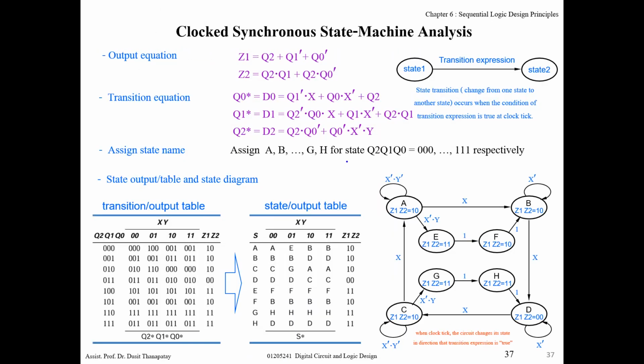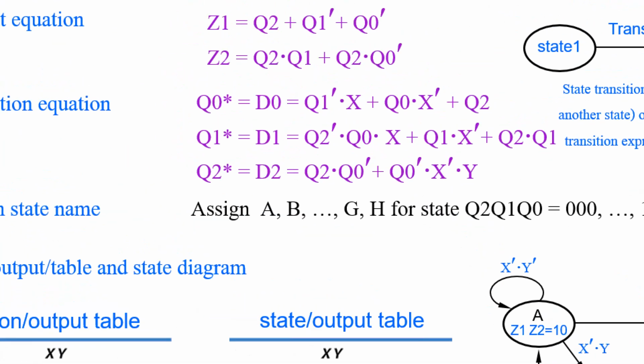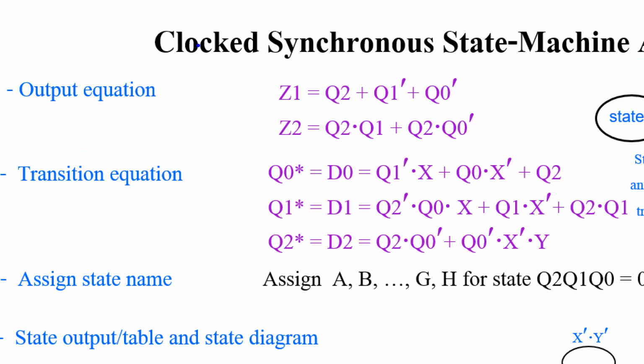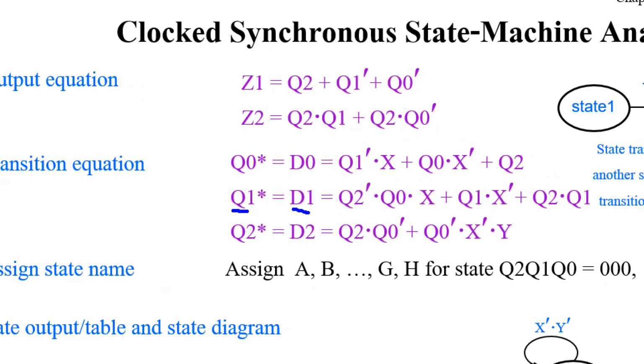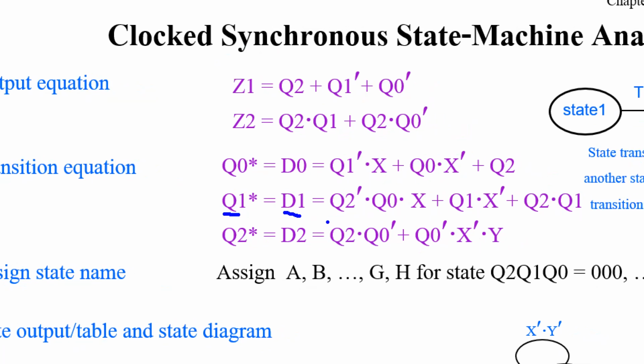Namely, you can find Q1 star goes to D1, and D1 is the OR of these three product terms, and Q2 star equals D2, which is these two product terms.